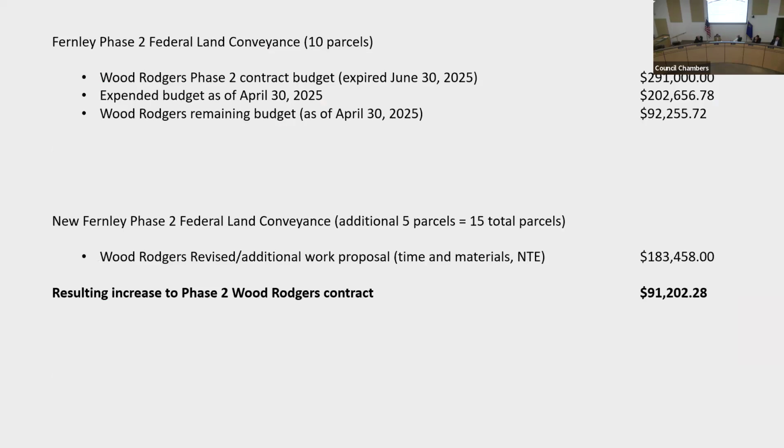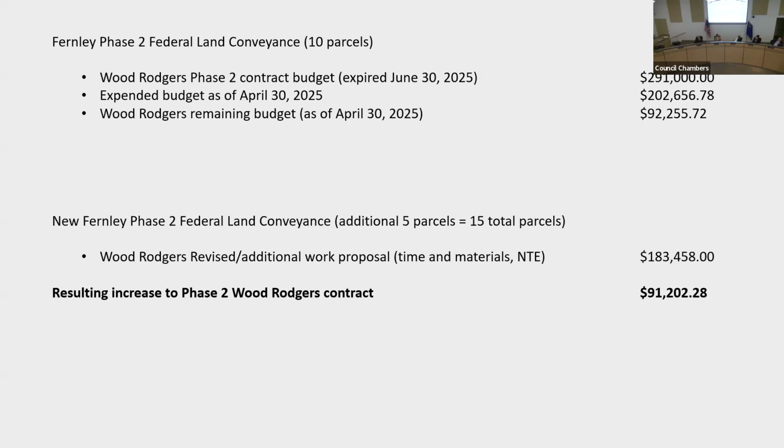This slide explains that our phase 2 contract budget, which expired on June 30th, 2025, was for $291,000, and that was for the 10 parcels. As of April 30th, 2025, out of that budget, we have expended $202,656.78. That leaves the remaining budget of $92,255.72.